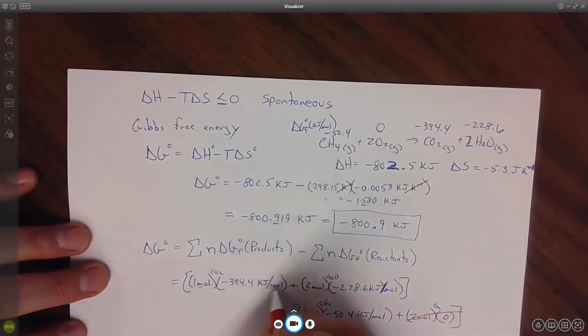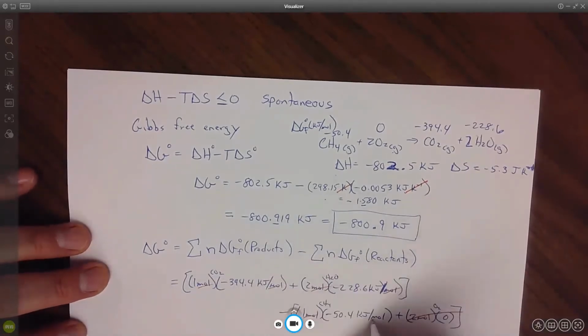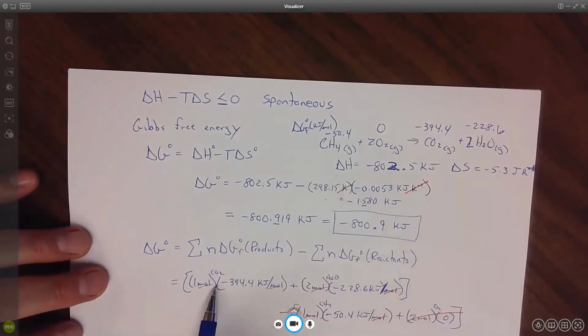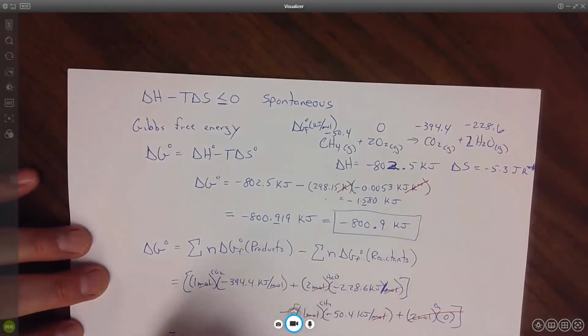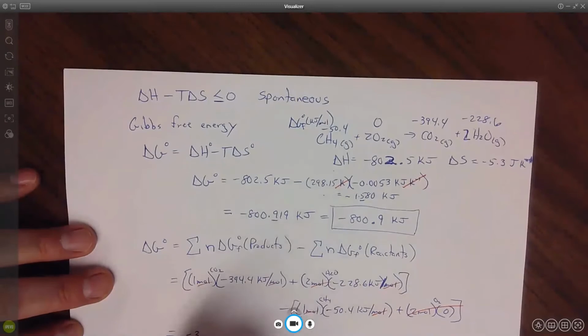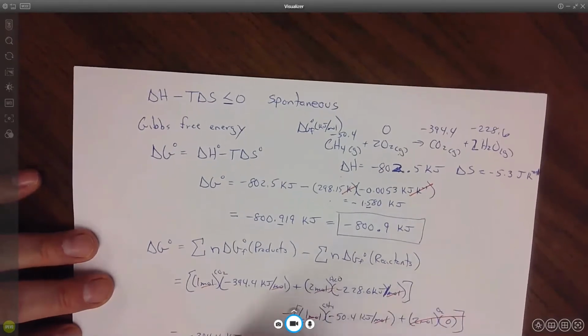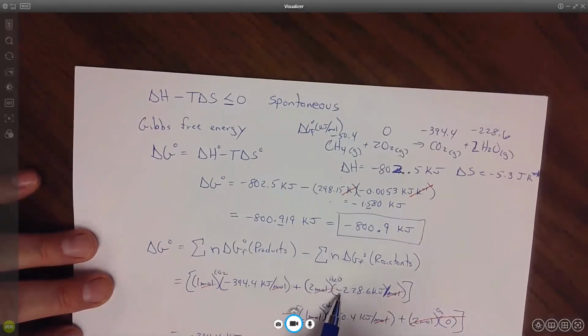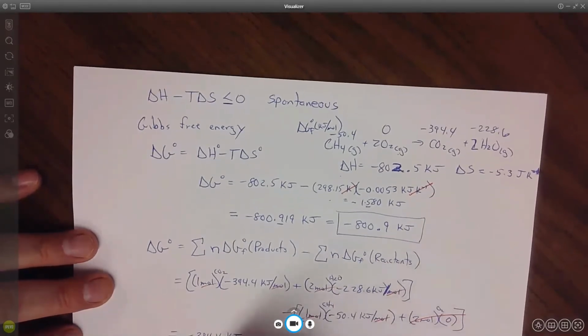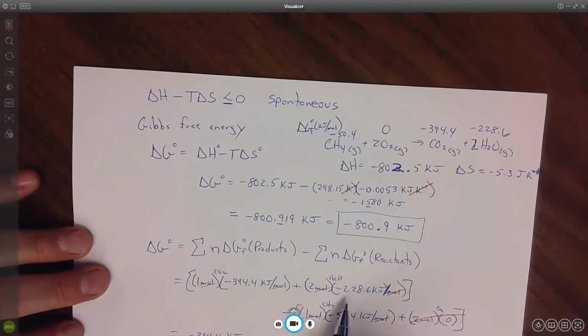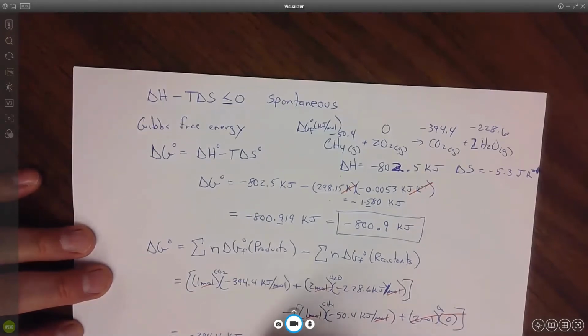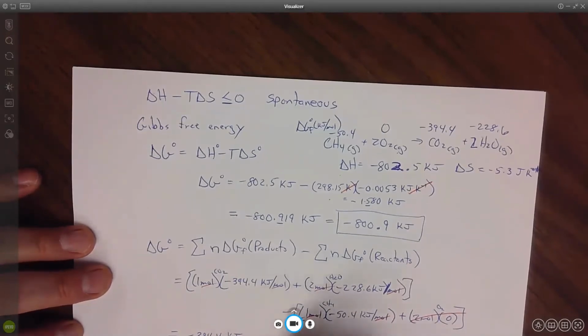The moles cancel everywhere. Again, we're going to have mixed operations. So if you're following sig figs, this is going to be negative 394.4 kilojoules. And then we have, now I'm going to write minus because this is minus. So minus and then 2 times the 228, which is going to be negative 457.2 kilojoules.